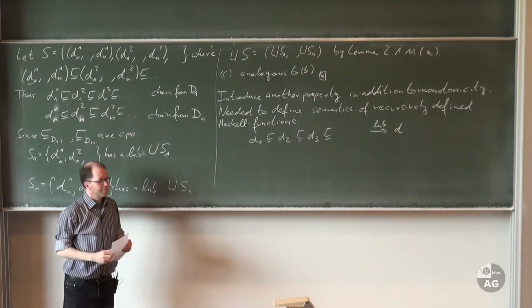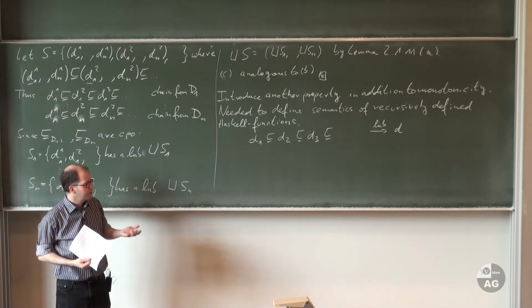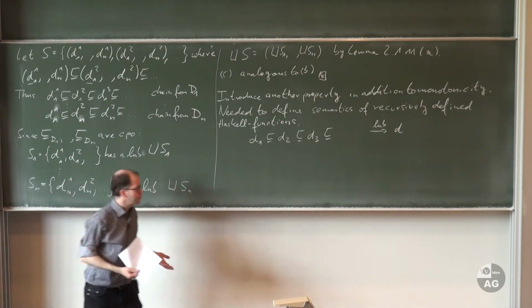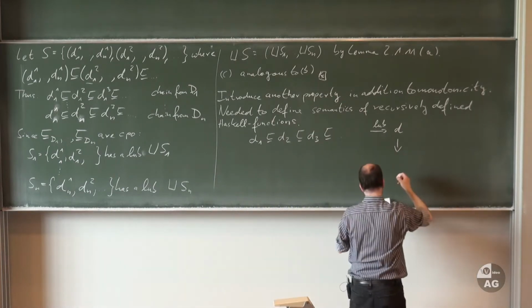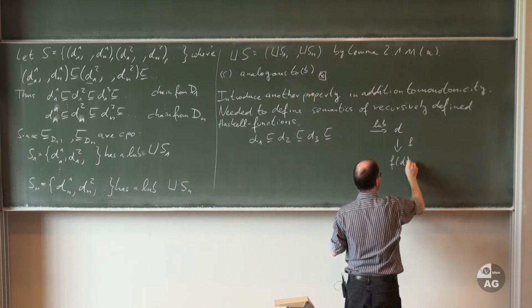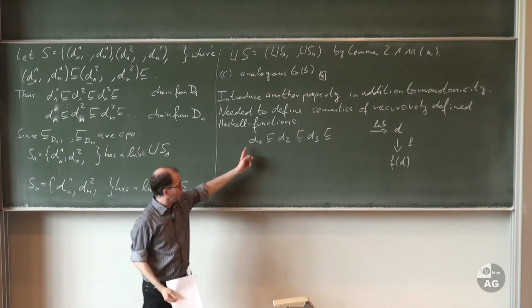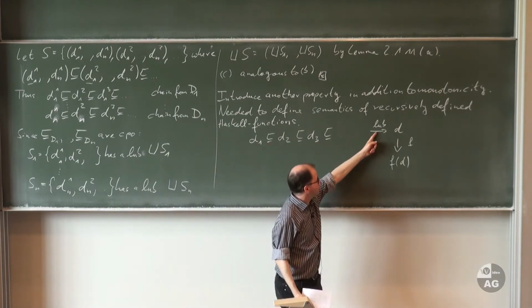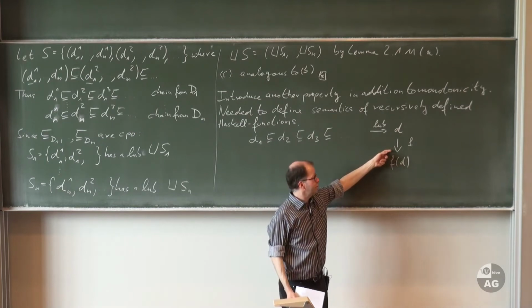And if we now want to apply functions to least upper bound. So suppose we want to apply some function f to this least upper bound. So here we apply some function f. Well, then we get f of d. And now continuity means that instead of first taking the least upper bound and then applying f, we could also do it the other way around.